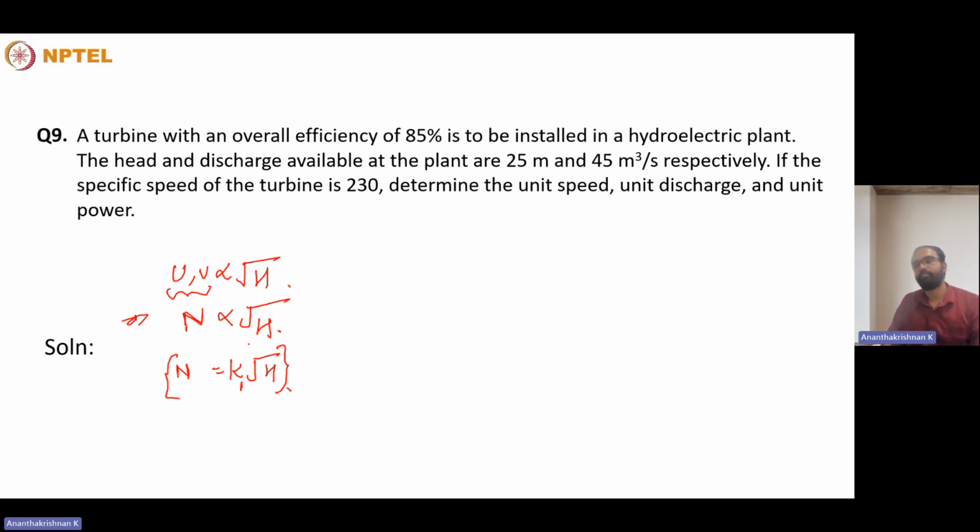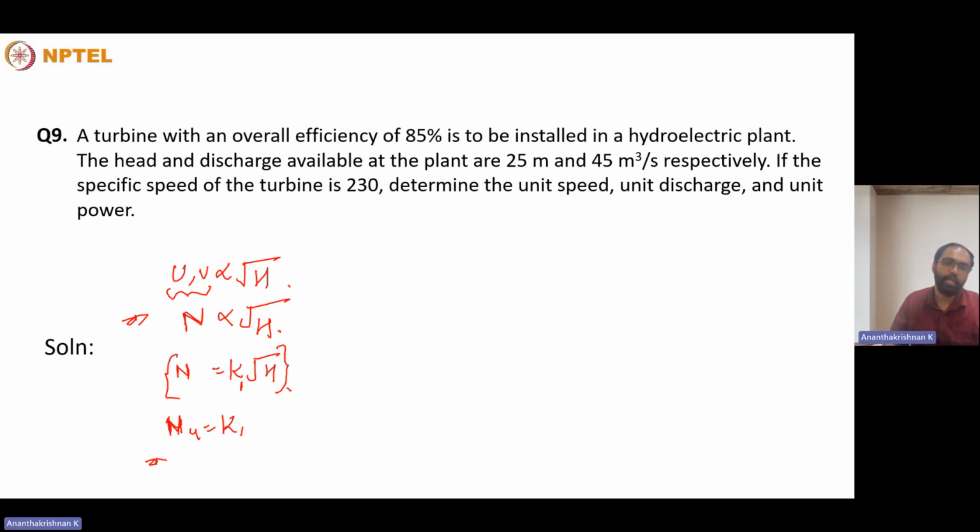Unit quantities are obtained when the value of the head is equal to 1. The unit speed corresponds to that particular speed where the head is actually unity. So Nu is equal to K1.